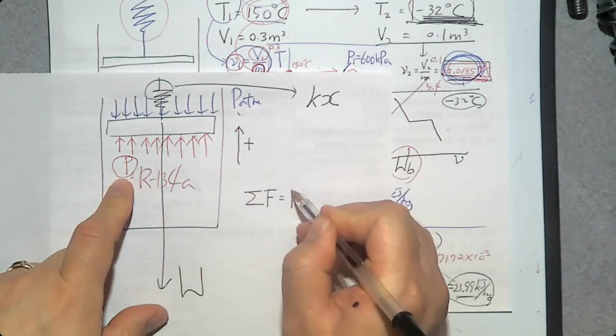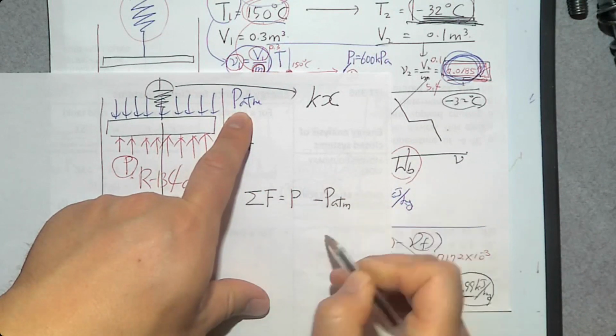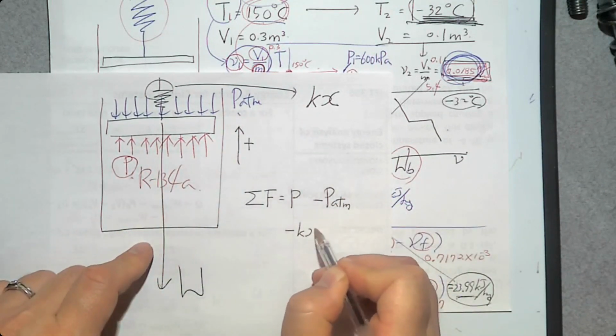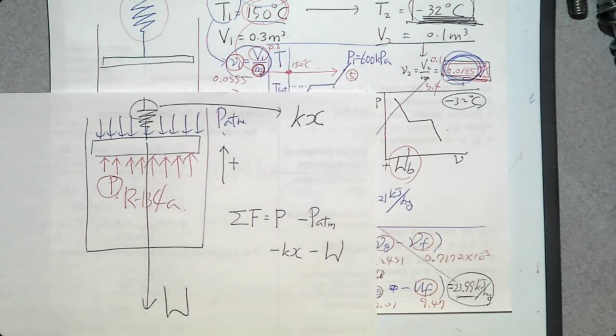Then P minus PATM minus KX minus W. If you assume that the piston is here at the final state, P2, then what is the sum of forces?